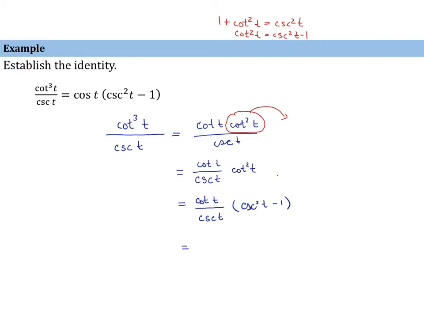So we have cotangent of t, and then we can use cosecant of t's reciprocal identity to know that if I divide by cosecant of t, that's the same thing as multiplying by sine of t. And cotangent of t is cosine of t over the sine of t by way of the quotient identity.